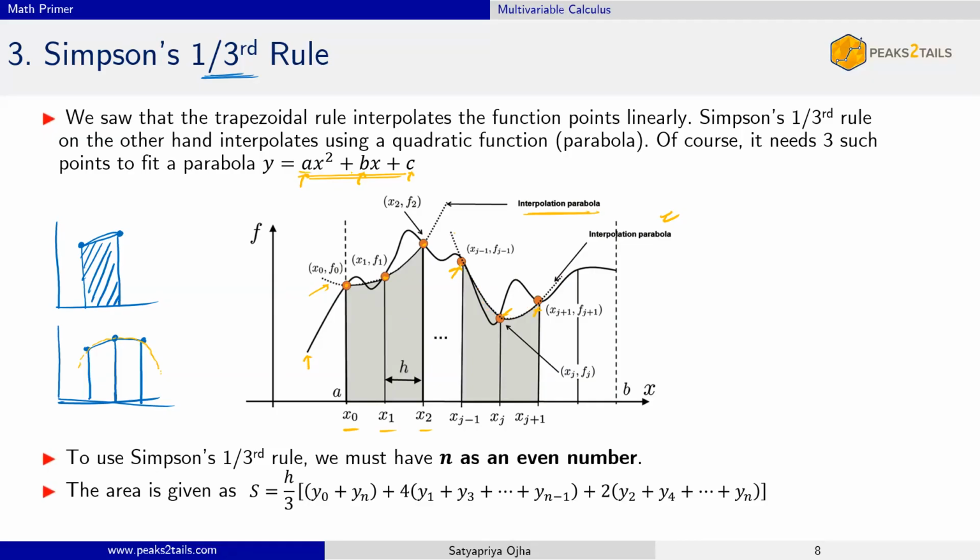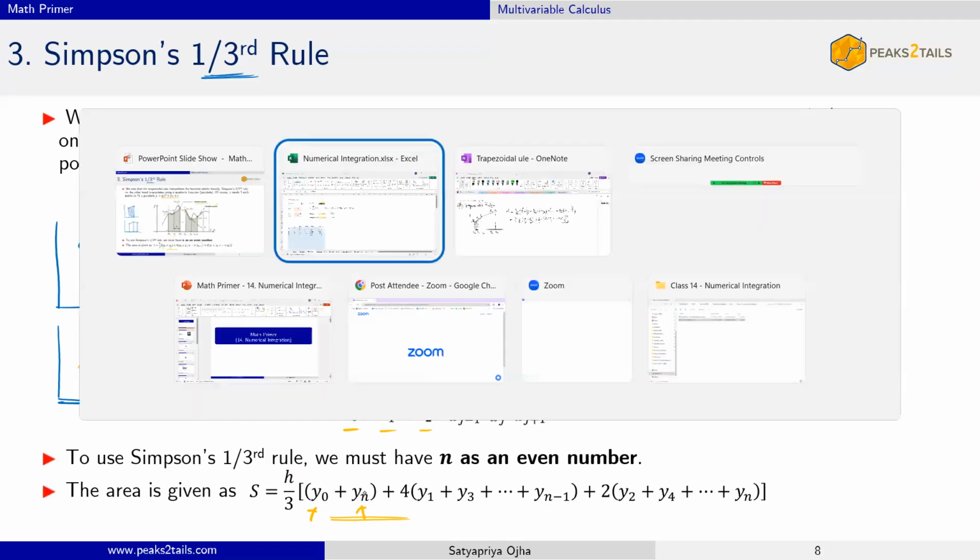Basically you have to solve for A, B, C based on the fitment and then find the area under the curve, then aggregate, and ultimately that leads to this final formula, which is h by 3. So this is how to remember h by 3 outside. It's a similar pattern, just the weights are different. We have y0 and yn. Remember, in trapezoidal rule, we had the same thing.